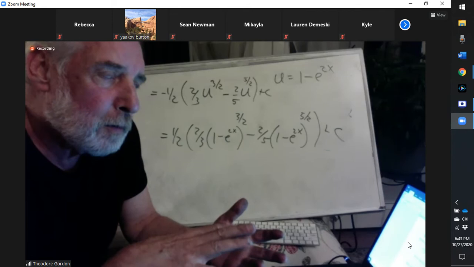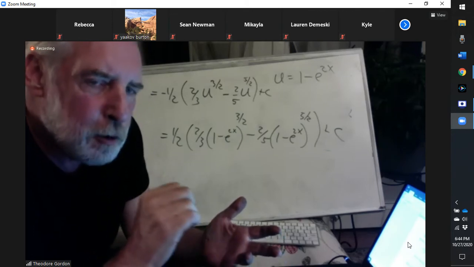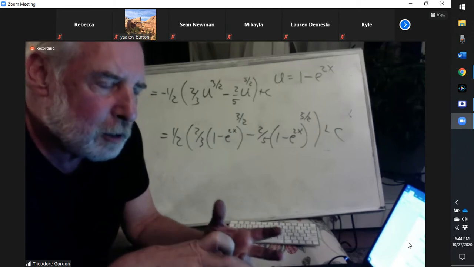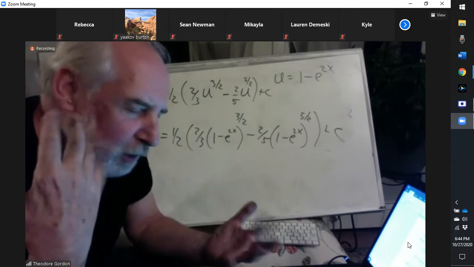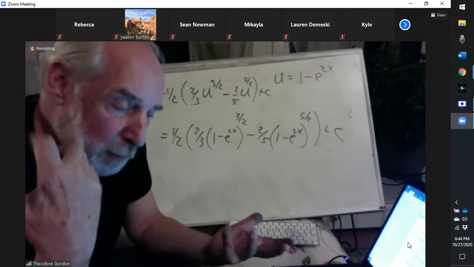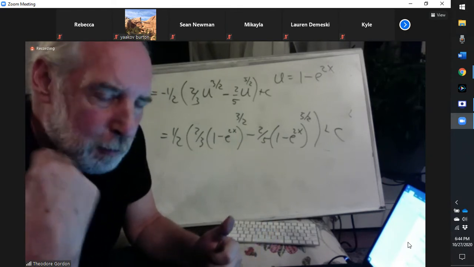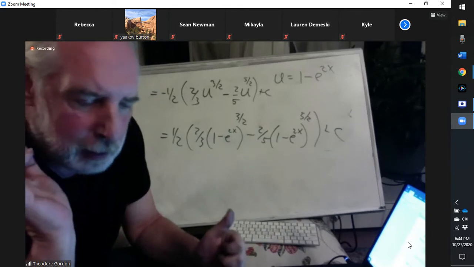The last 2 sections aren't new methods of integration, but something that comes up in integration that doesn't require a new method, but a new sort of philosophical perspective, something called improper integrals, where we don't go from A to B, we go to infinity. So we'll pick that up next week.